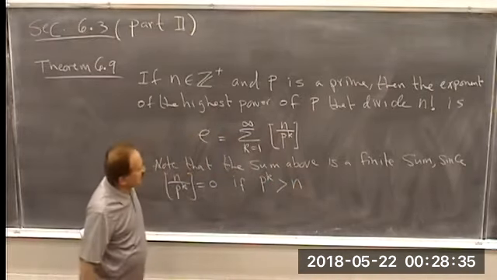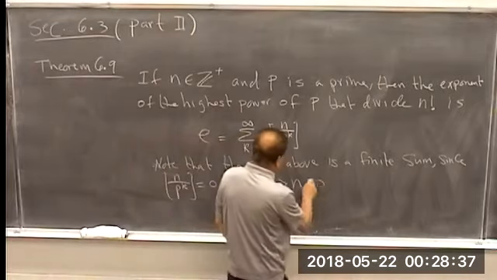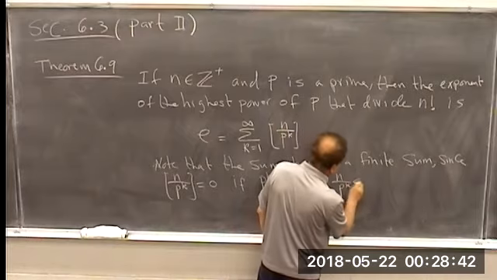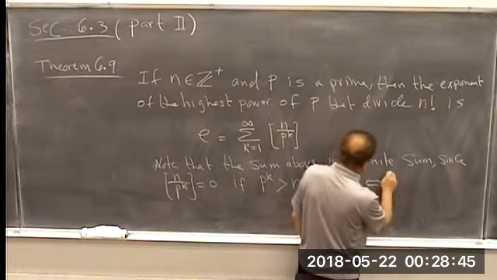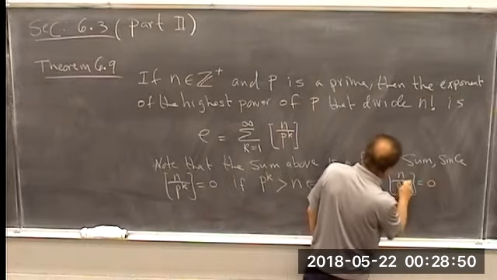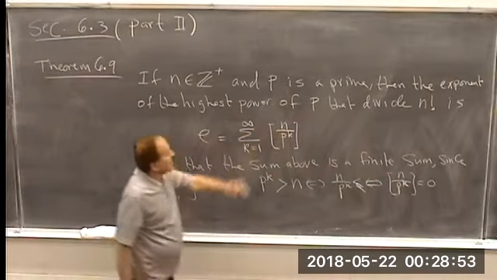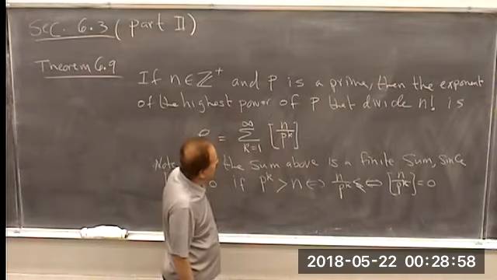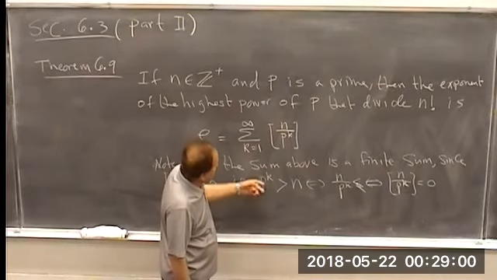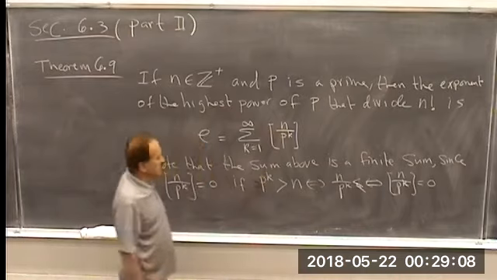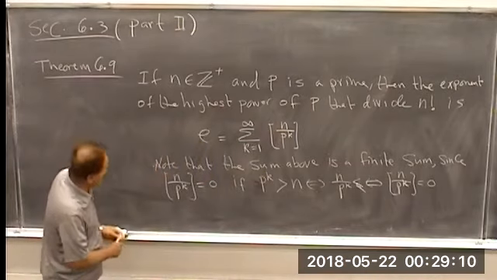If it's bigger than n, this is equivalent to saying that n over p to the k is less than 1, and this is going to equal 0. In other words, after some point in this summation, the power of this prime p becomes bigger than n, and we are just hitting zeros. So this is, in fact, a finite sum.